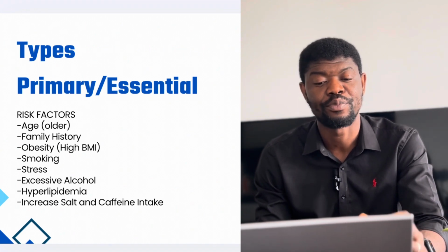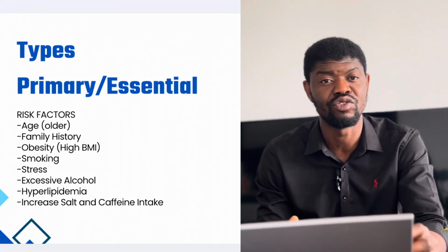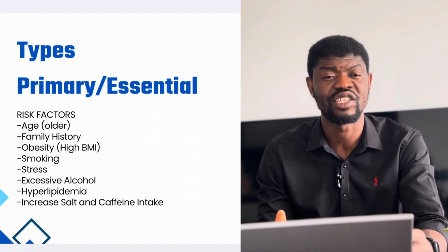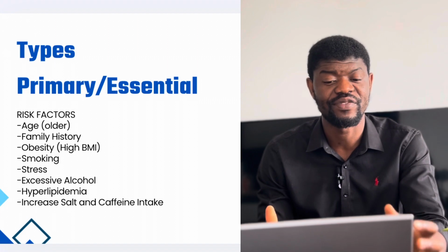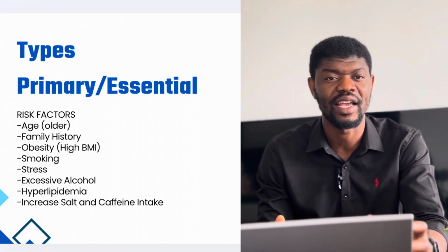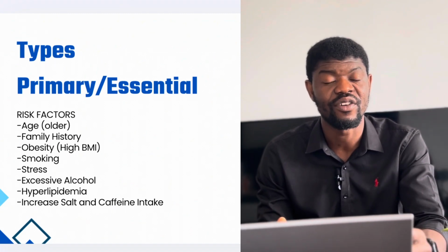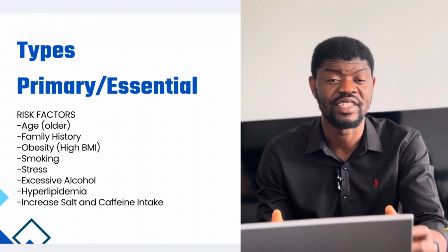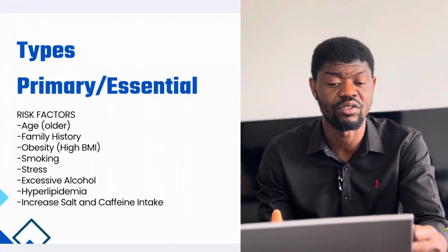Now, we've got types of hypertension, and the cause of the hypertension determines its type. We have the primary or essential hypertension. Usually, these are hypertensions that come about as a result of you being exposed to a risk factor. So, risk factors like age, we know older people, because of atherosclerosis, they are very prone to hypertension. We've got family history. So, if you have a family history of hypertension, you also have a tendency of developing hypertension in the future.